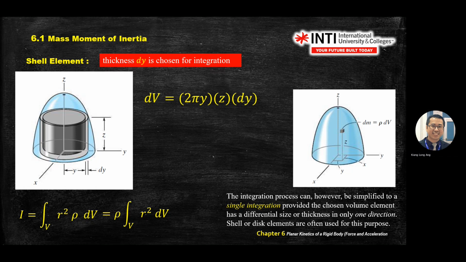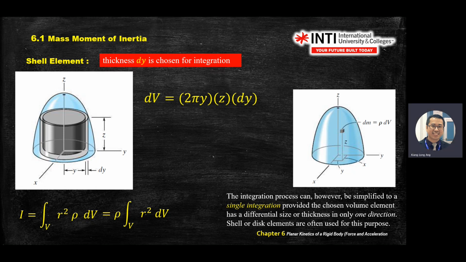You calculate the inner radius of this one, the inner circumference. How do you calculate the circumference of a circle? 2 pi r.